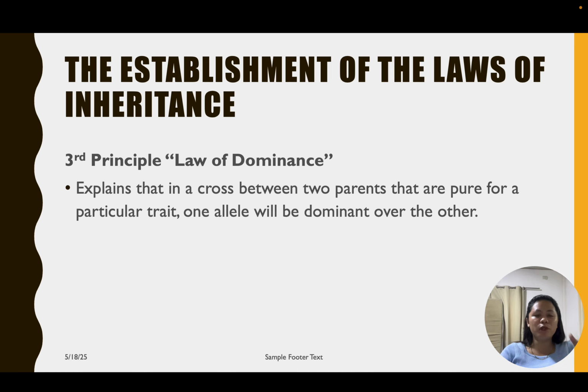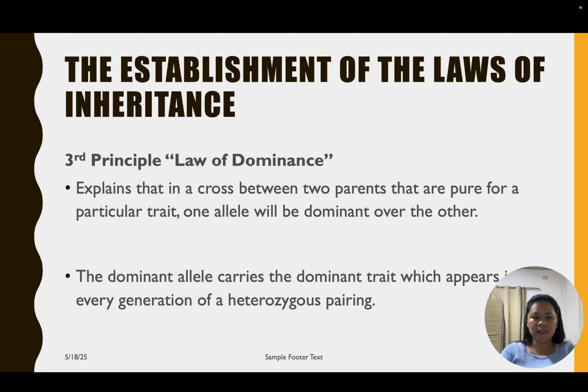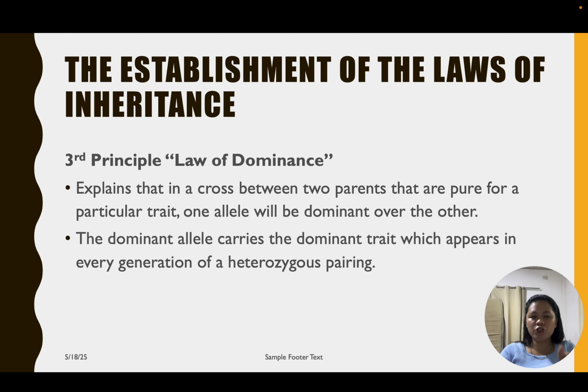Multiple yung offspring. We're going to be talking about that sa non-Mendelian genetics. The dominant allele carries the dominant trait, which appears in every generation of heterozygous pairing. Take note, every time na heterozygous yan, yung dominant trait pa rin yung magsushow when we talk about phenotypic ratio.